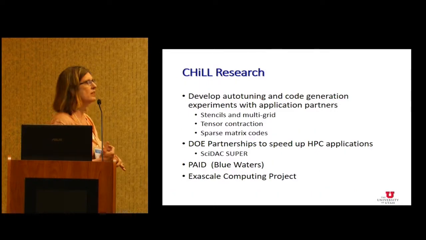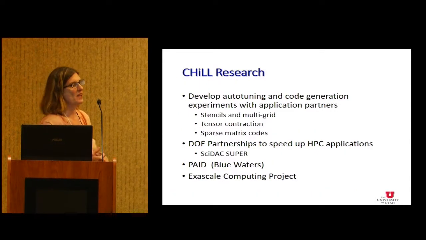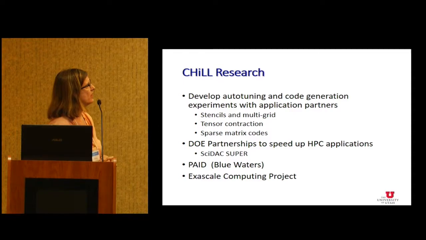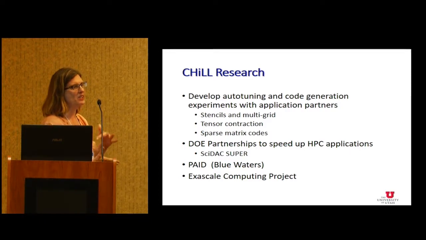Okay, so this sort of describes the kind of research we do with CHiLL. So one is we do a bunch of compiler and code generation research and auto-tuning research. And we look at particular application domains with application partners. So I talked about the stencils and multi-grid, done some work on tensor contraction, and then a big chunk of our current research is on sparse matrix codes and being able to expand the compiler support for these.